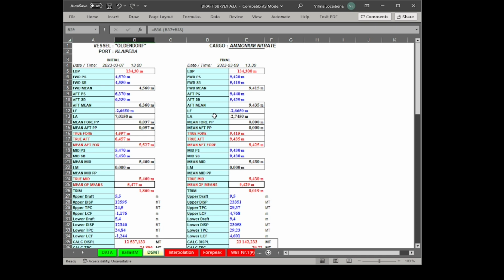When the ship is loaded, we can take the reading from the aft mark, and the distance between the aft draft mark and the aft perpendicular is 2.75 meters, and because the draft mark is aft of the aft perpendicular, that is why this figure is minus.